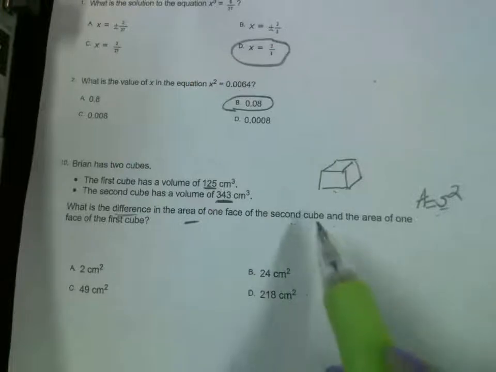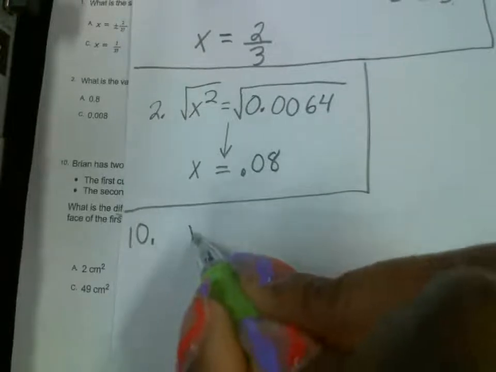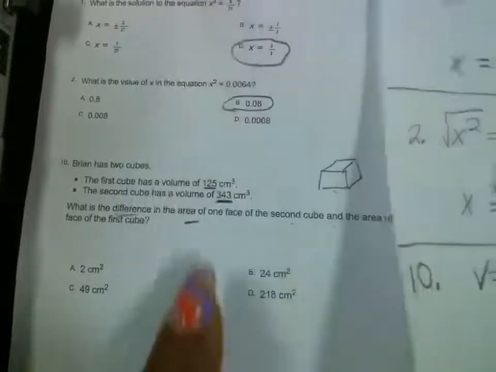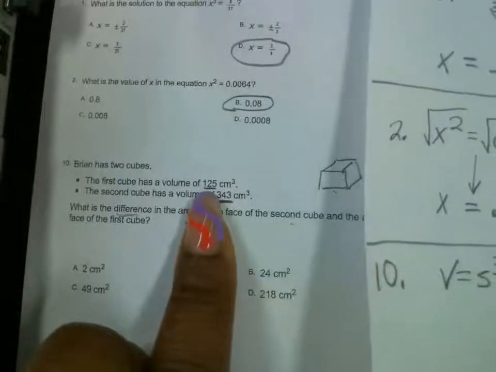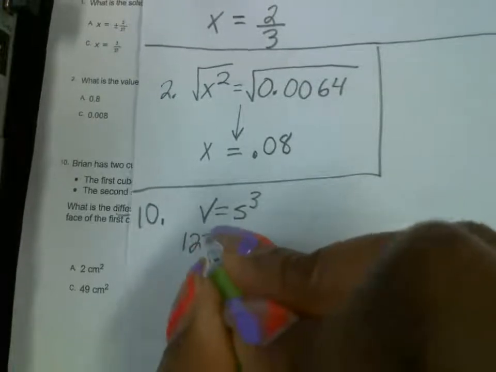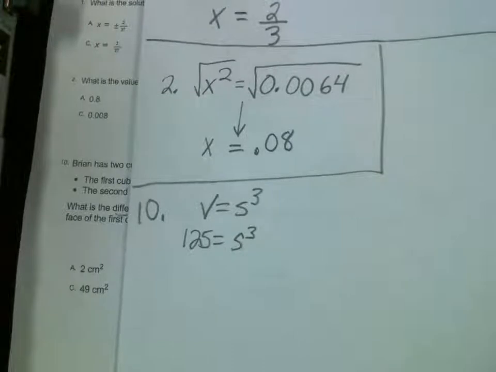Okay. So we're going to use the formula for volume of a cube. Volume of a cube is V is equal to S to the third power. They give you the volume of the first cube, which is 125. So we're going to substitute 125 in the place of V. This is S to the third. Okay.